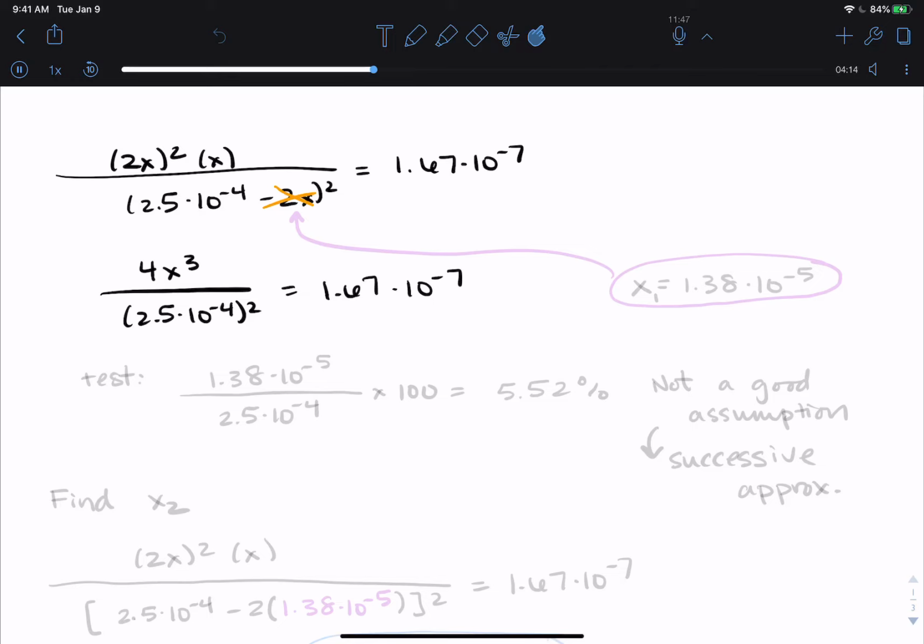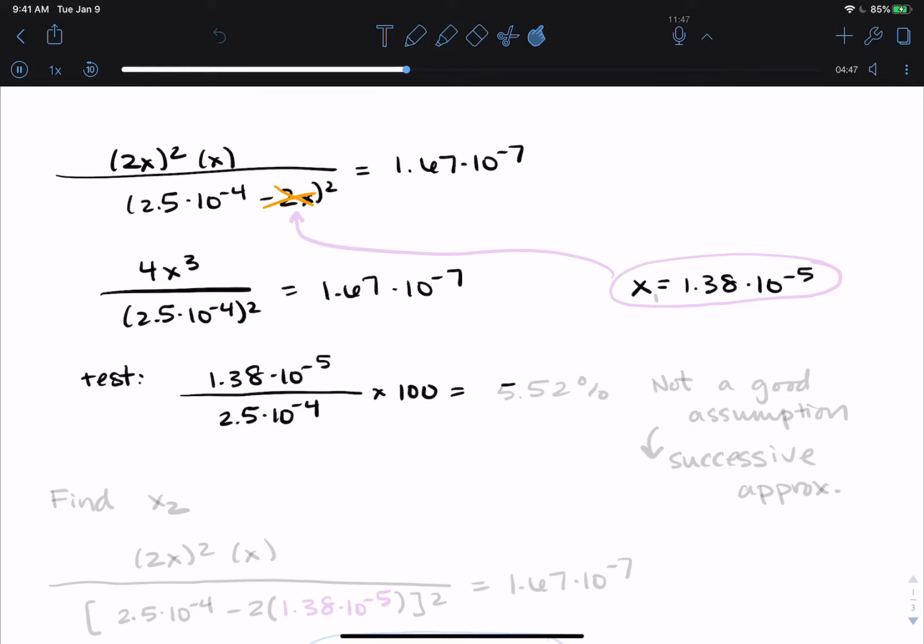So if I go through and solve all of this, I end up with an x value of 1.38 times 10 to the minus 5th. So I test this, right? It's the value of x divided by the number that x was subtracted from or added to, times 100.